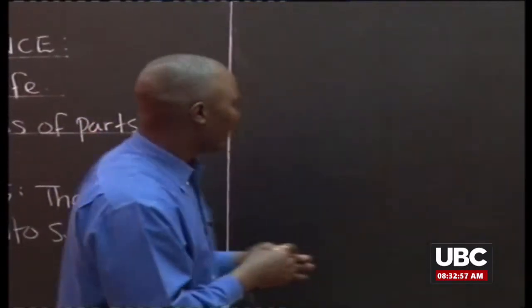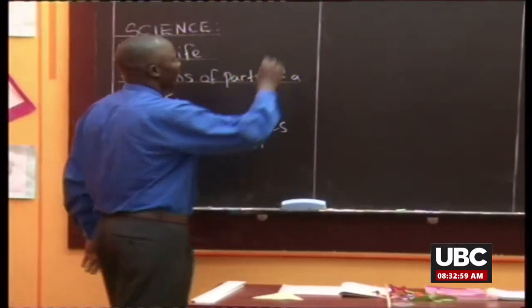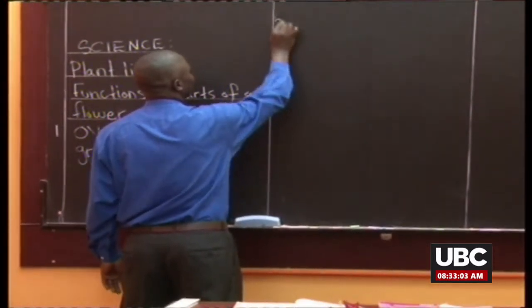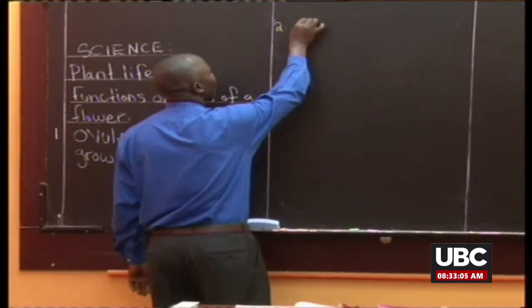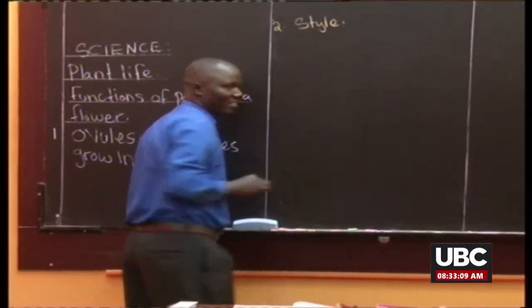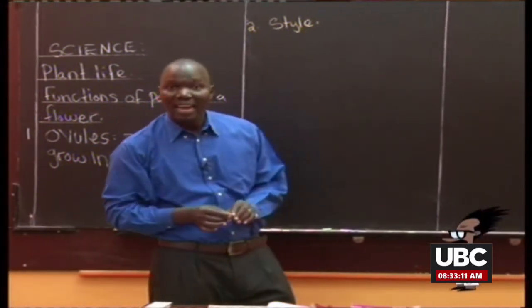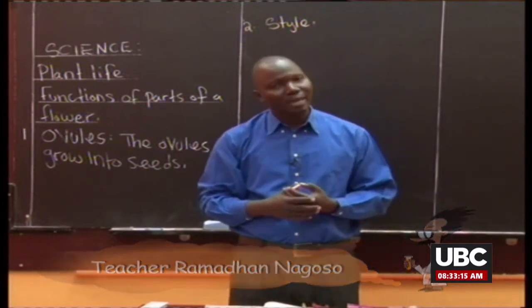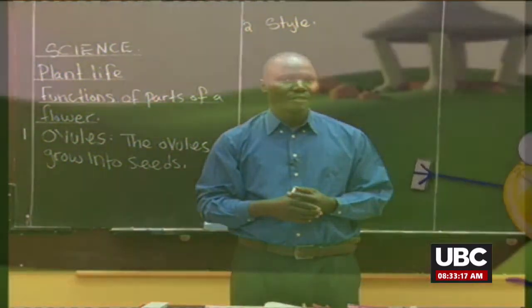So our next point, part number 2, that we want to look at is the one we call the style. Children, has the style got any function? Let's discover this when we come back from this short break.